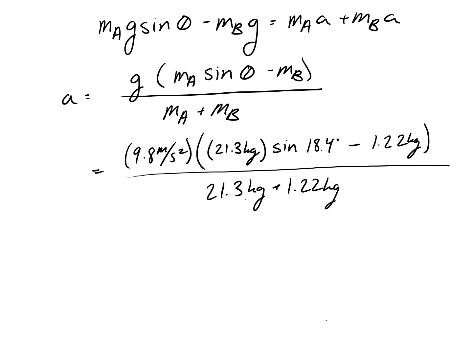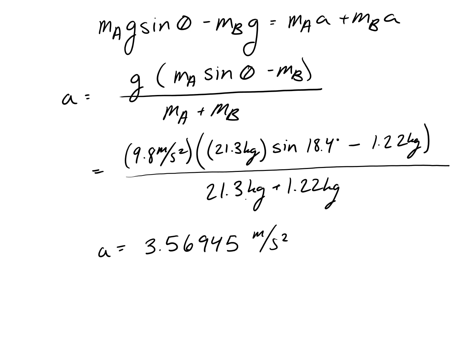So we need to take this and plug it into a calculator. So when I took this and plugged it in, the acceleration that I got was 3.569 4.5 meters per second squared.